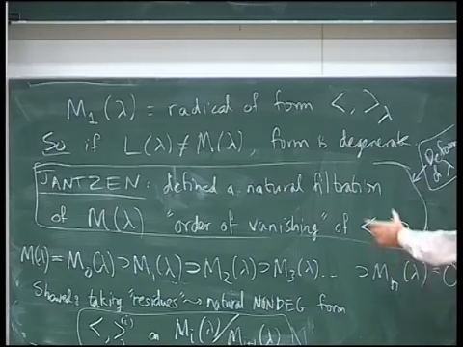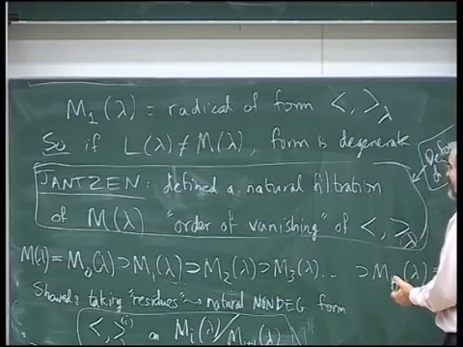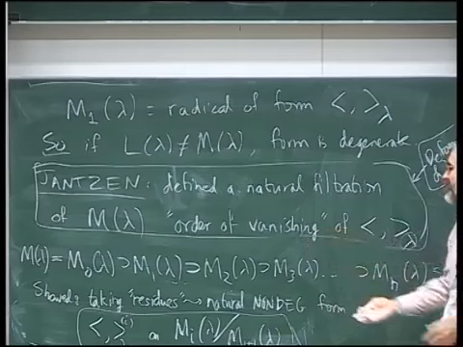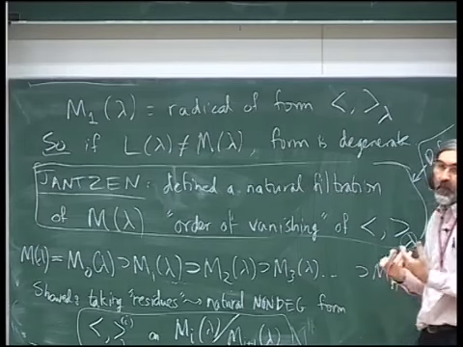In order to define this, when you say order of vanishing, that's something you can only say for a function of one variable.